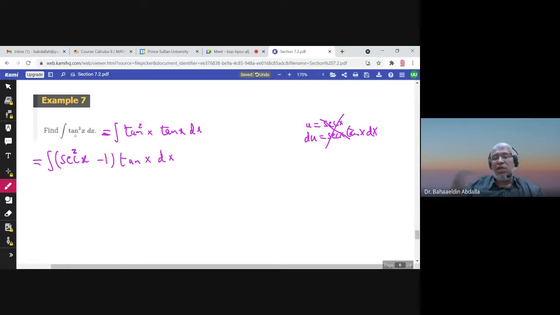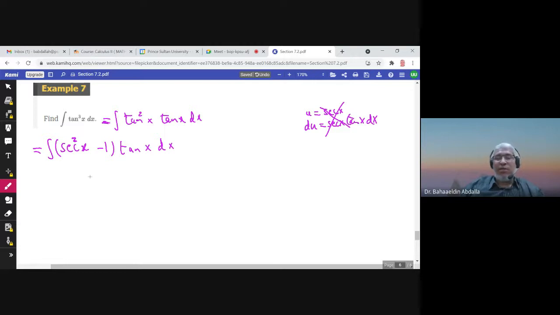You can consider this example a special case. So now we can expand. I'll have secant squared x times tan x dx minus 1 times the integral of tan x dx.